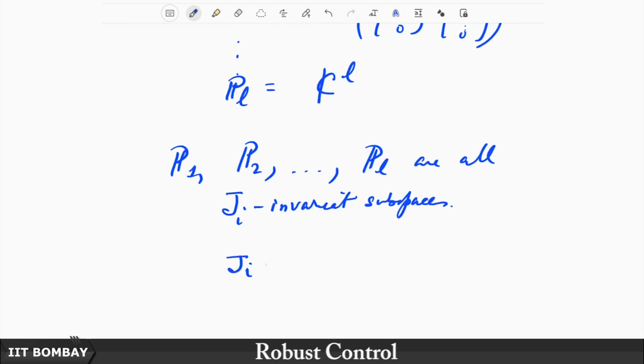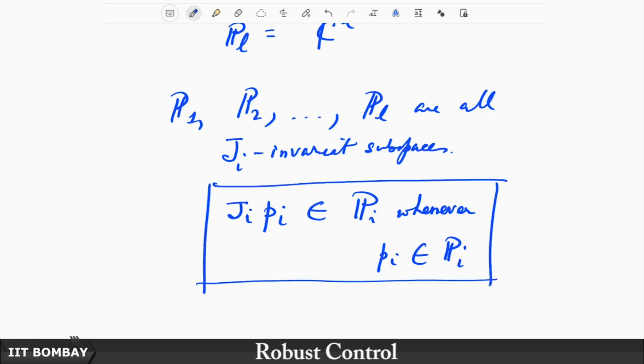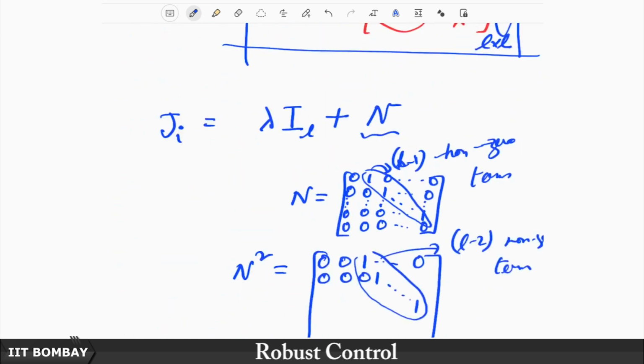So, I ask you to check that Ji times p belongs to Pi whenever p belongs to Pi. That is basically the definition of invariance. Just check, it is not very hard to see.